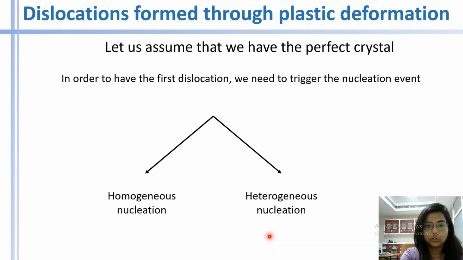Now there are two models of how we can describe the nucleation. Nucleation of what? Nucleation of dislocation. So there are two models. First is the homogeneous nucleation model, and the second one is the heterogeneous nucleation model. We will look at that one by one. First we will talk about the homogeneous nucleation model.